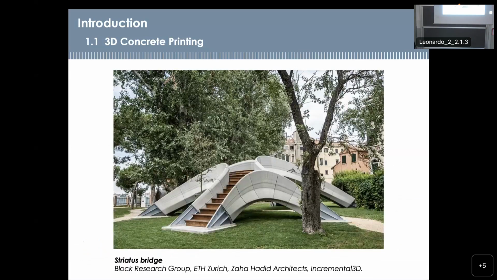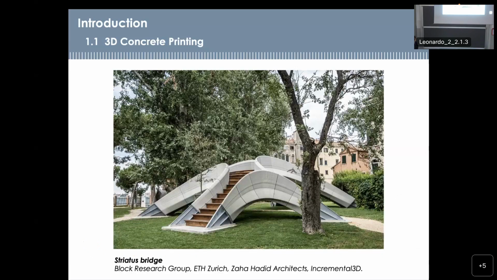So let's see, the first one is the Striatus Bridge. It is a pedestrian bridge which was firstly showcased at the Venice Biennale a few years ago. So maybe some of you had the chance to see it. And I think it's interesting because it's a formative structure, so we have a complex shape in order to achieve only compression stresses inside the material.